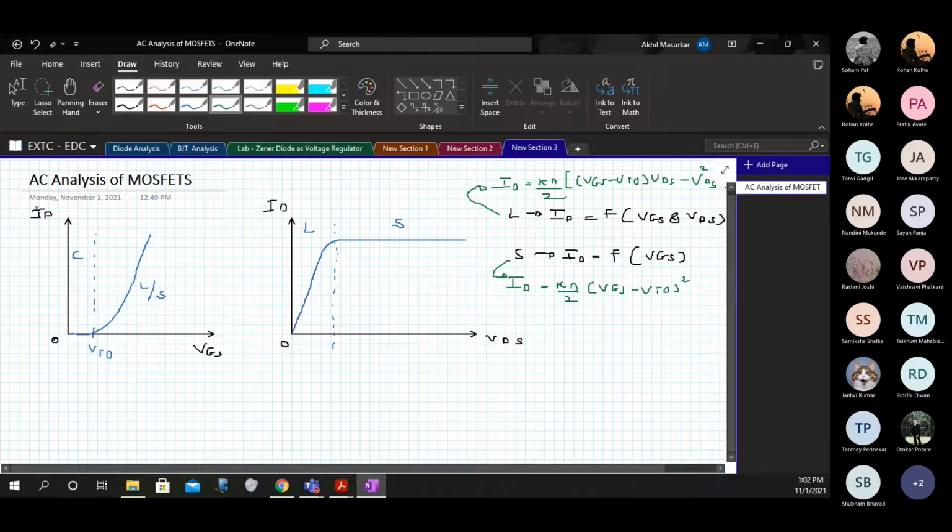So now you can see on both y-axis we had ID.